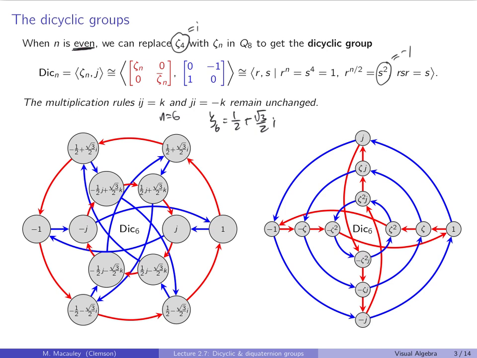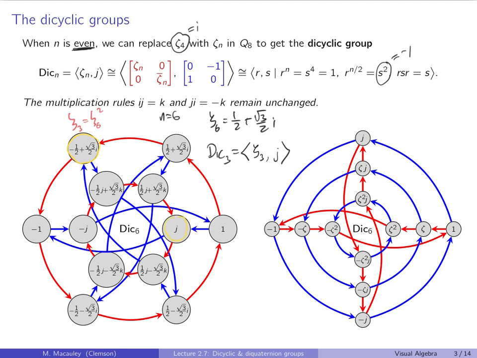So if I try to define dic3 as being generated by zeta 3 and j, that's the group that is generated by zeta 3 right there. Let me actually write that out: zeta 3, which is, sorry, my zetas are terrible, zeta 6 squared. And then j, of course, is right here.